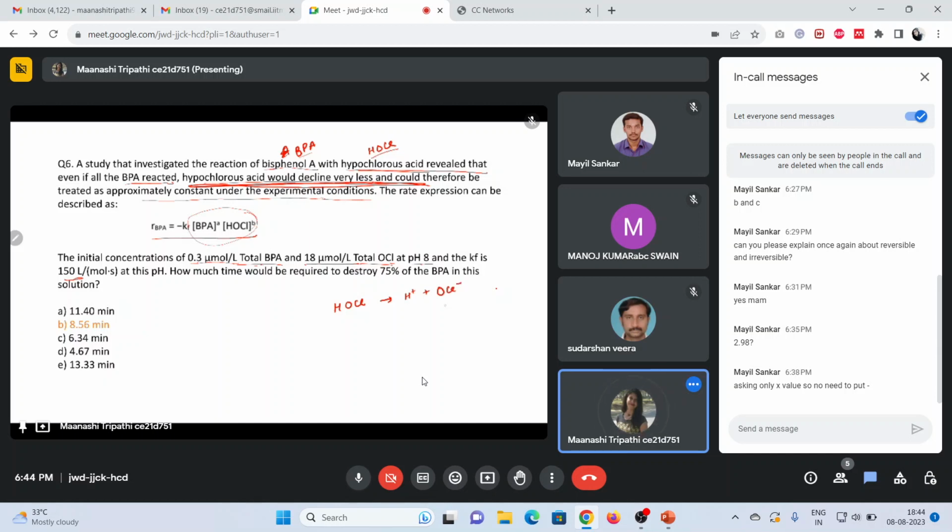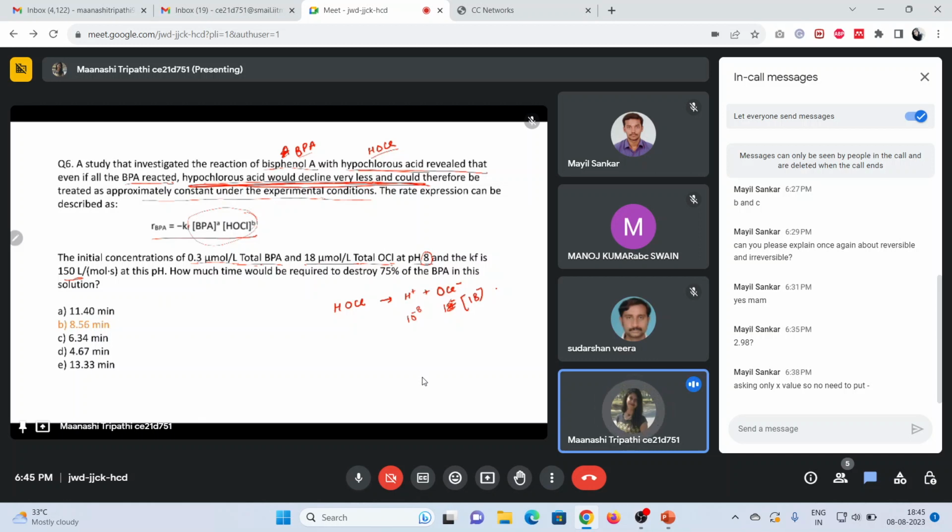We know the concentration of OCl, that is 18, and we know the pH is 8, meaning 10 raised to power minus 8. So H plus is 10 raised to power minus 8.